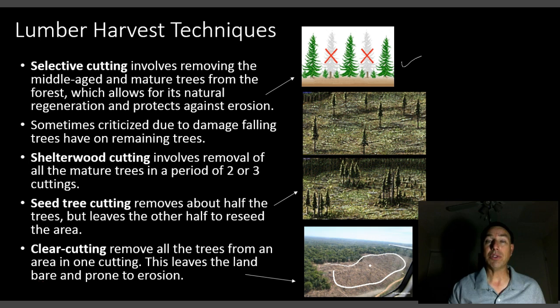And so you get a lot of soil erosion, you lose a lot of nutrients from the soil, and of course the habitat is basically gone in this area from what it used to be. So clear cutting is not the best way environmentally to cut these trees. However, for some fast-growing trees, particularly spruce and some of the pine trees, this is economically the best way to do it. And like I said, unfortunately, that happens too often here in the United States.